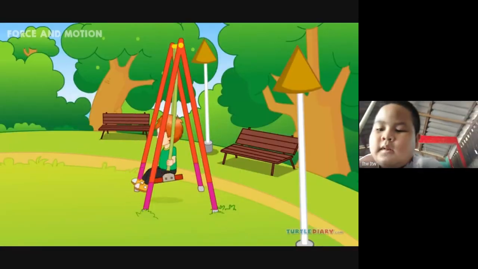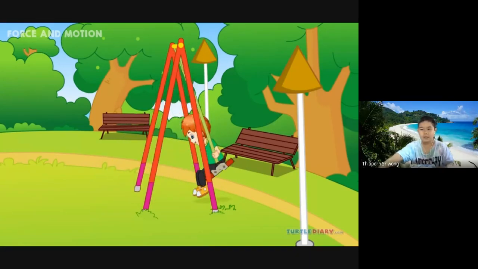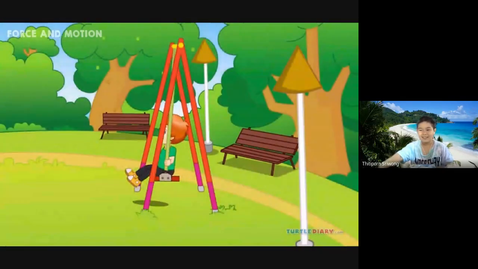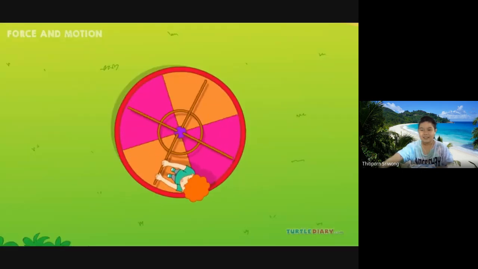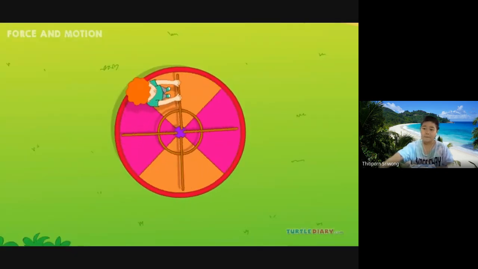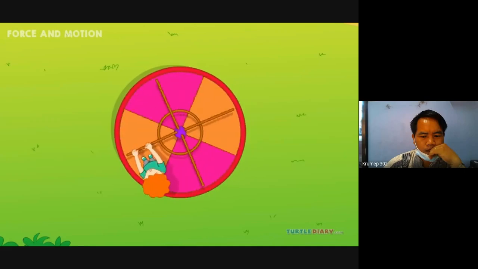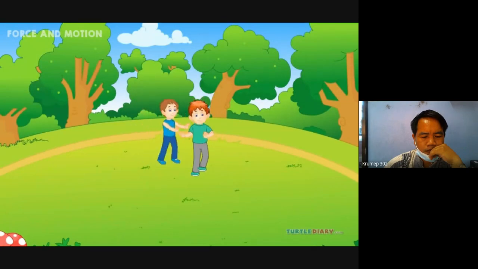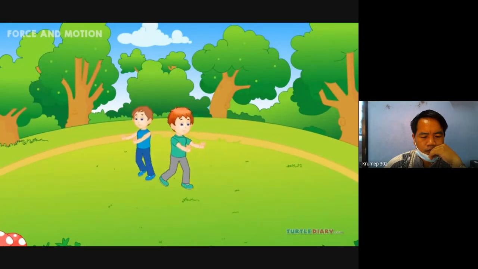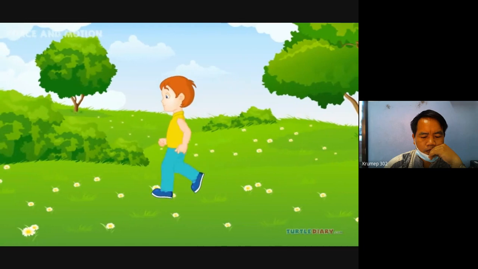It can be fast and exciting, or slow and relaxing. On a merry-go-round, you can start off slow and go faster and faster. You may run fast when you pass your friend playing tag and slow down when you get to base.